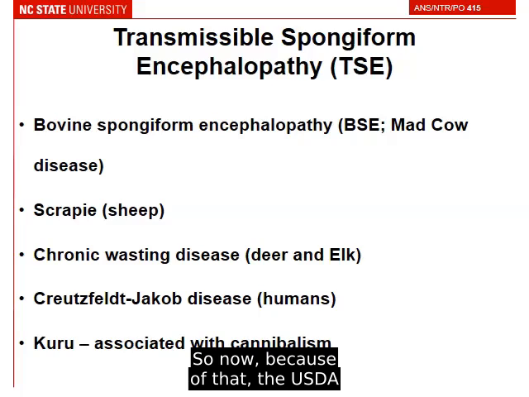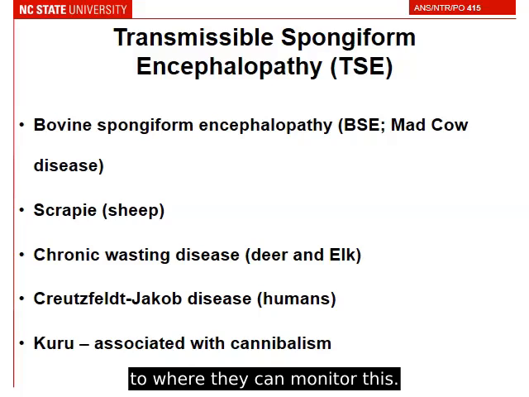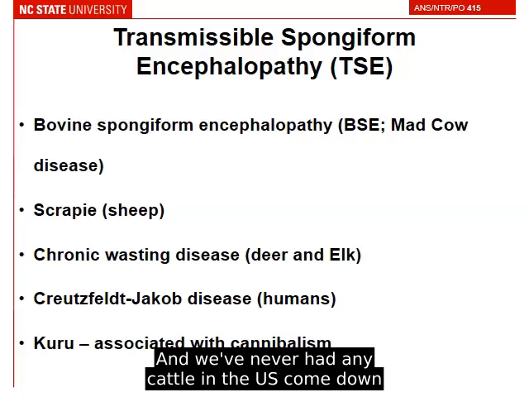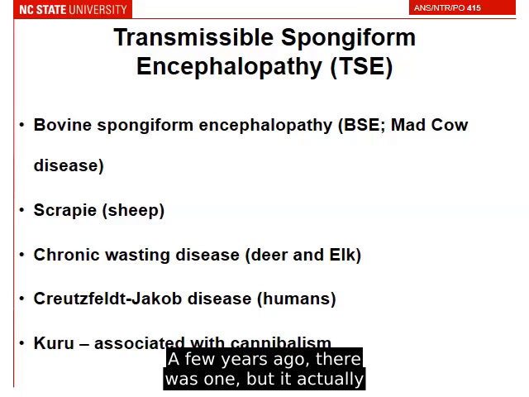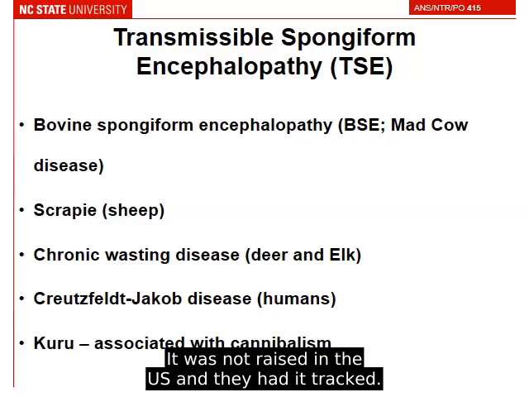Because of that, the USDA utilizes a great number of resources to monitor this, and we've never had any cattle in the U.S. come down with mad cow. A few years ago there was one, but it actually came from Canada. It was not raised in the U.S., and they had it tracked.